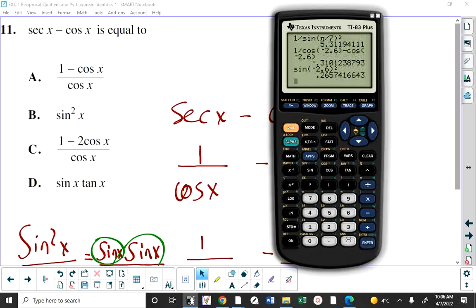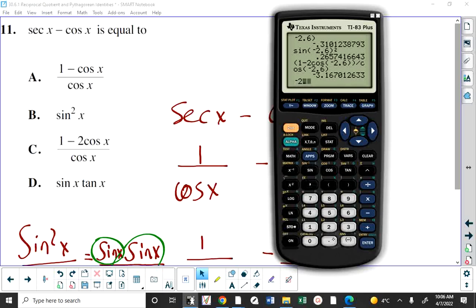Nope. You get my drift here? I can go through and check them all. The next one's a little more complicated. I would need brackets: 1 minus 2 cos negative 2.6, end brackets, divided by cos negative 2.6. Nope.